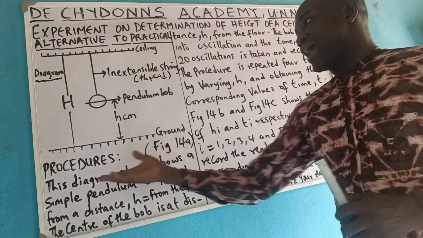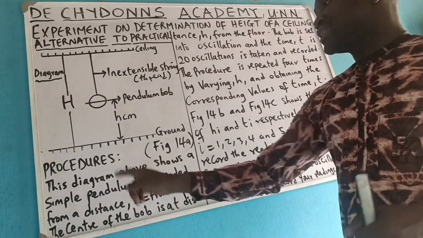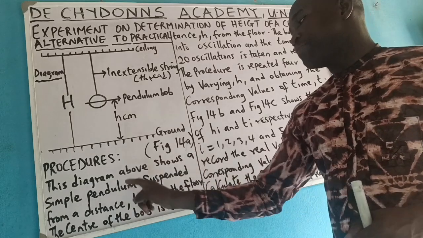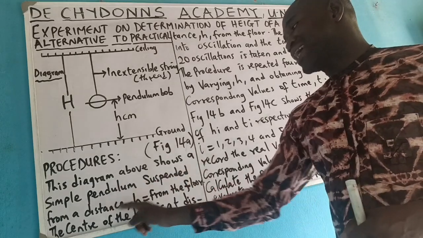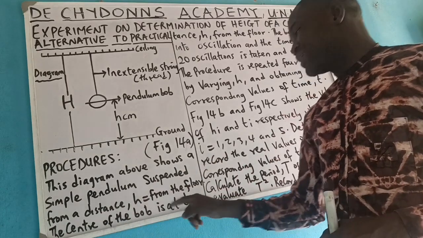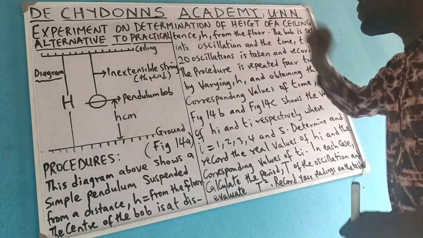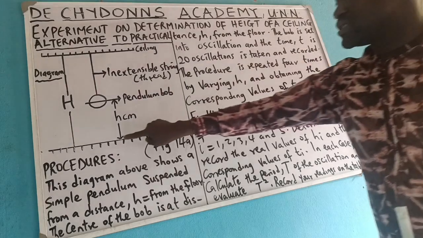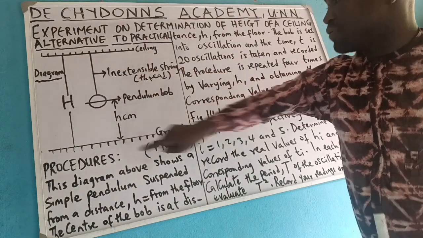Now, look at the procedures. This diagram above shows a simple pendulum suspended from a distance h from the floor. The center of the bob is at distance h from the floor. As we said, center to the floor, okay?